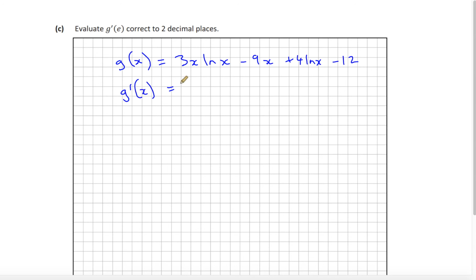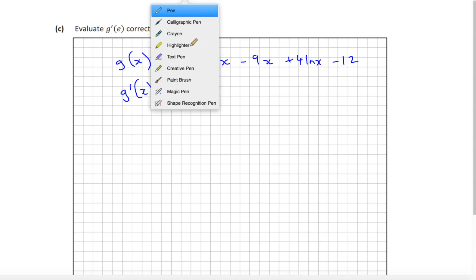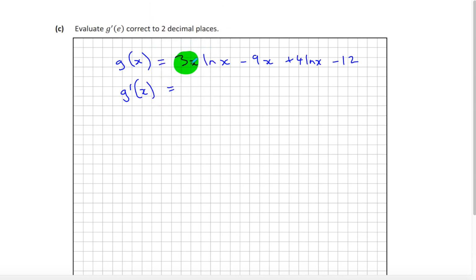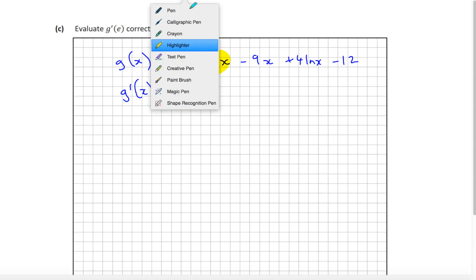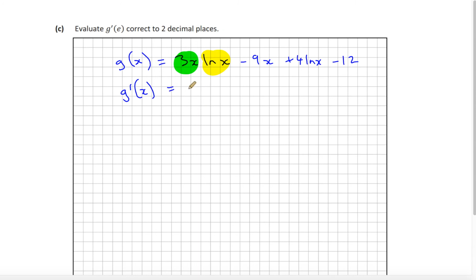So I'm going to differentiate each of these 4 terms, okay? Now be careful here. The first term is the product rule because it's 2 separate functions of x. So the product rule, we'll apply that. So that's going to be equal to 3x multiplied by the derivative.